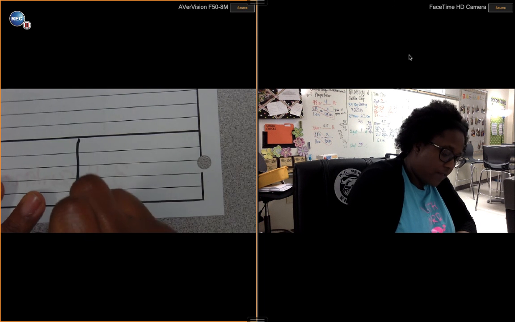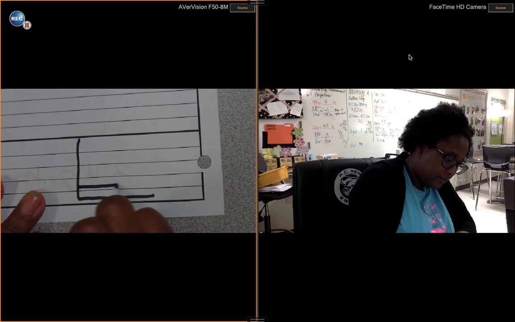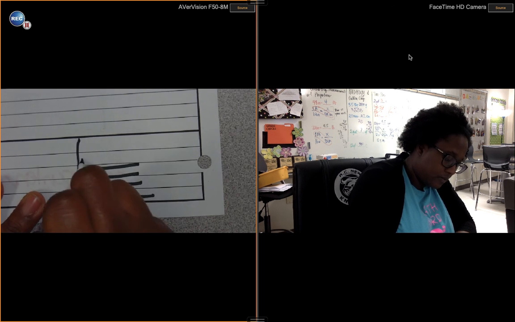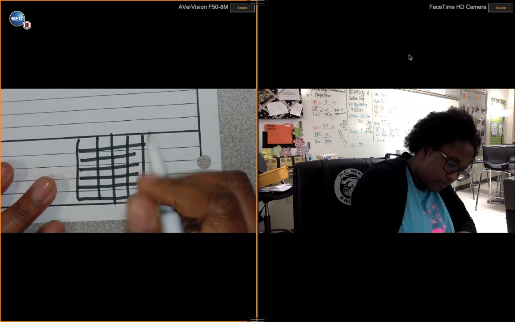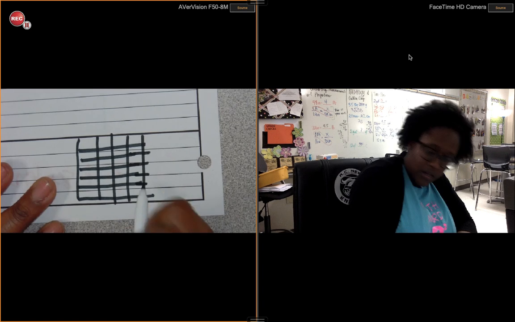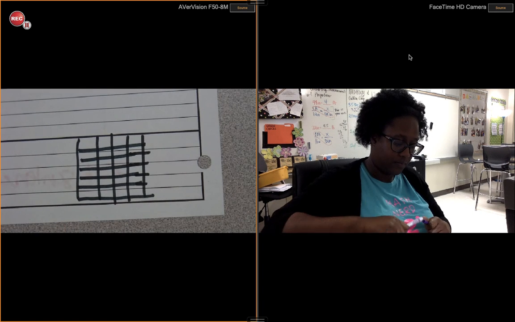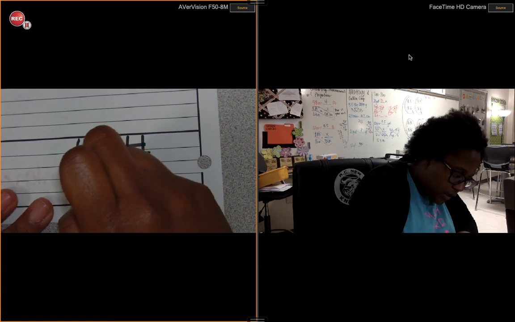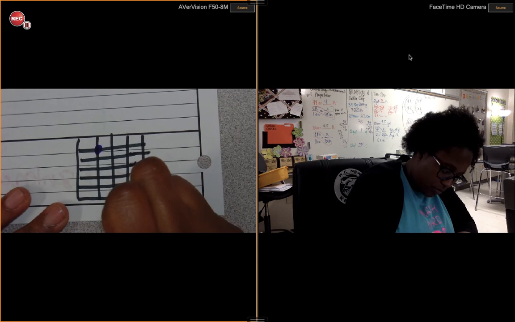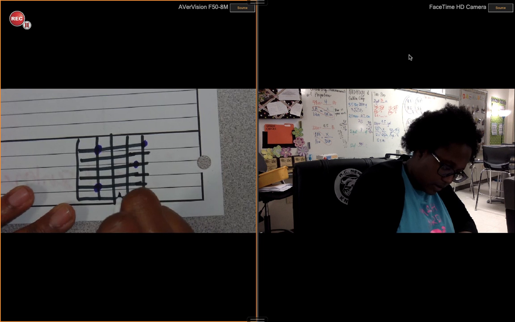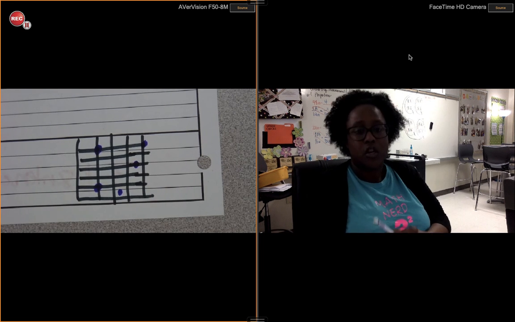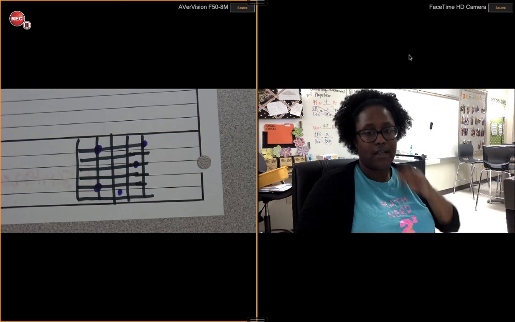If I have a graph that looks like this, and I have these coordinate points. I have one here, I have one here, I have one here, I have one here, and I have one here. You're only going to pick the coordinate points that are on the corner.